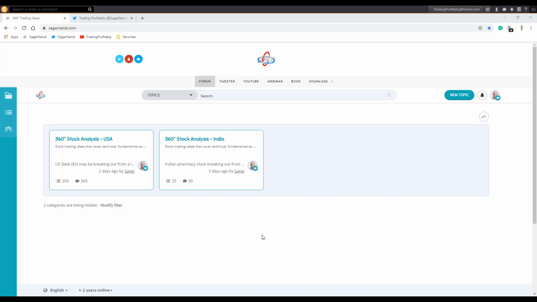Overall, the market level analysis shows that we are in a bullish phase and you may look for only long trades in this market. Let's see what conclusion we can arrive at from the next level of 360 degrees analysis, that is the sector level analysis.